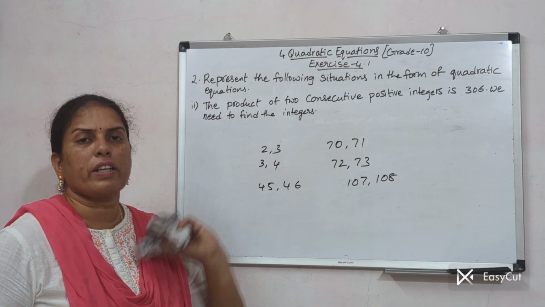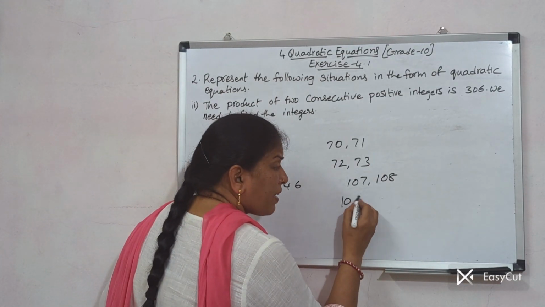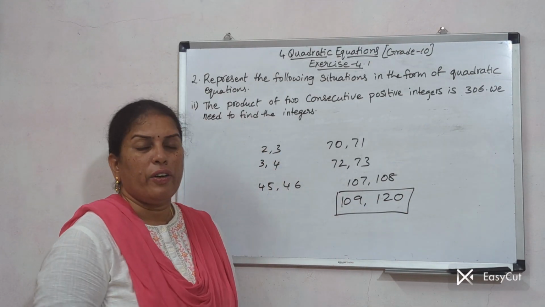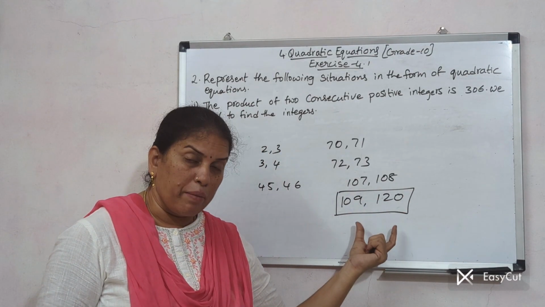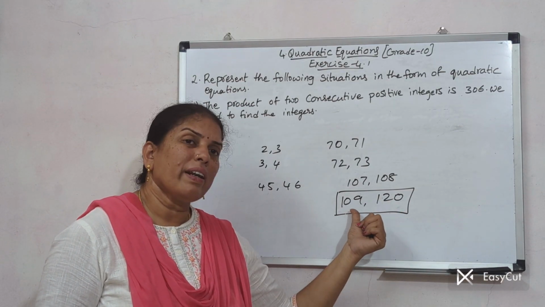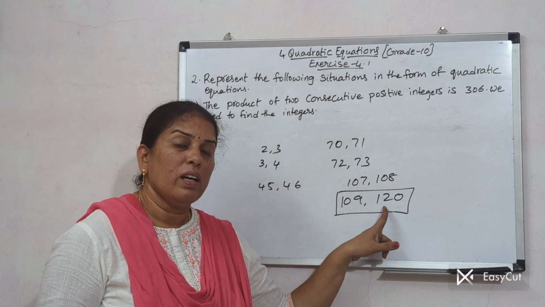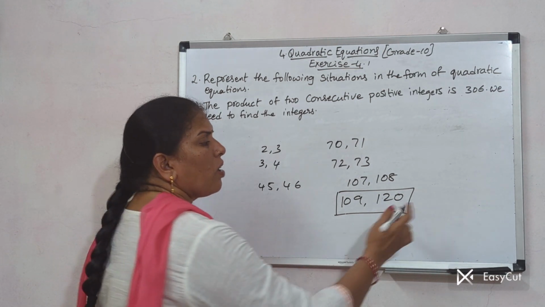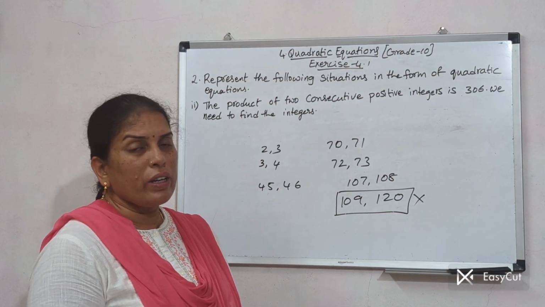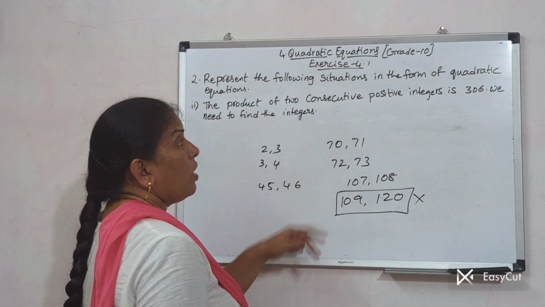These are all consecutive integers, beside numbers. 109, 120: are they consecutive integers? No, they are not, because they are not beside numbers. After 109, 110 will come, but here 120 is there. Consecutive numbers means beside numbers. All of you understood?